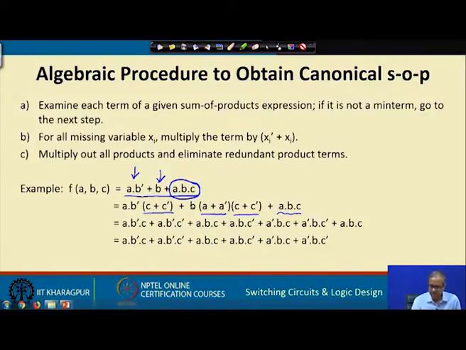Then you simply multiply them out, a b bar c, a b bar c bar, and here you multiply them out. I have just skipped the steps. See, a c and b, a c bar and b, a bar c and b, a bar c bar and b. So, I have multiplied all of them out and a b c is there. Now, you see which of them are repeated. You see this a b c is appearing twice.